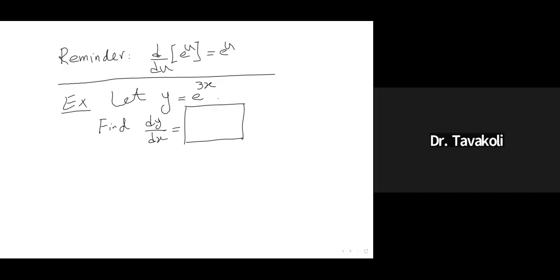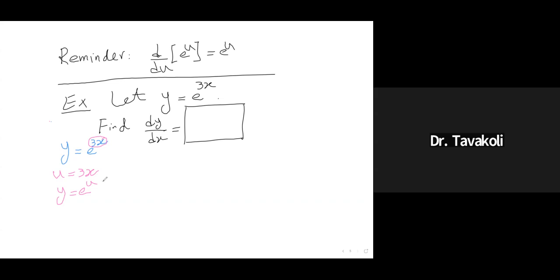In fact, let me rewrite the function here. You can see what should be taken as u. This 3x, we take it as the new variable u. So u is 3x. If I let 3x be just one plain variable u, then y is e to the power of u.